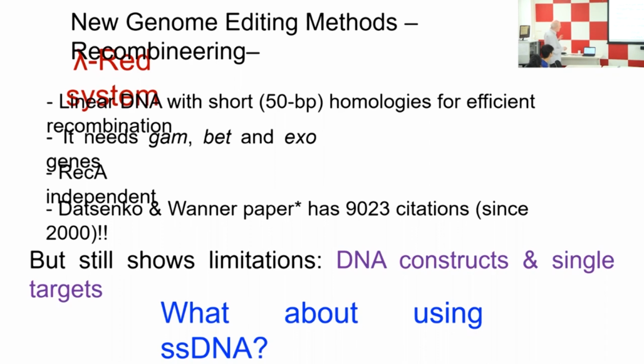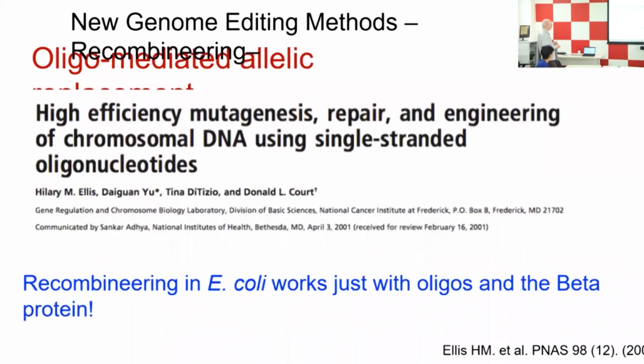However, if you remember what I mentioned before, this system still enables you to enter mutations one at a time. So despite the fact that every mutation takes less time than the previous method, the reality is that you cannot multiplex it, okay? So what to do next?